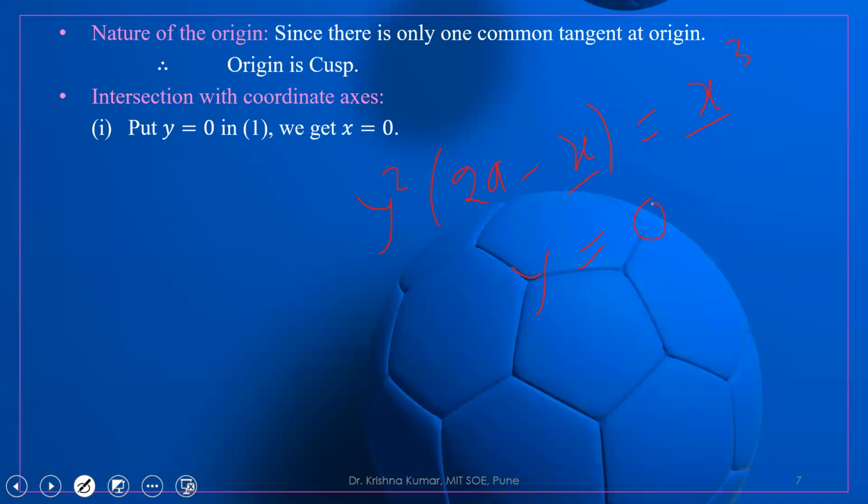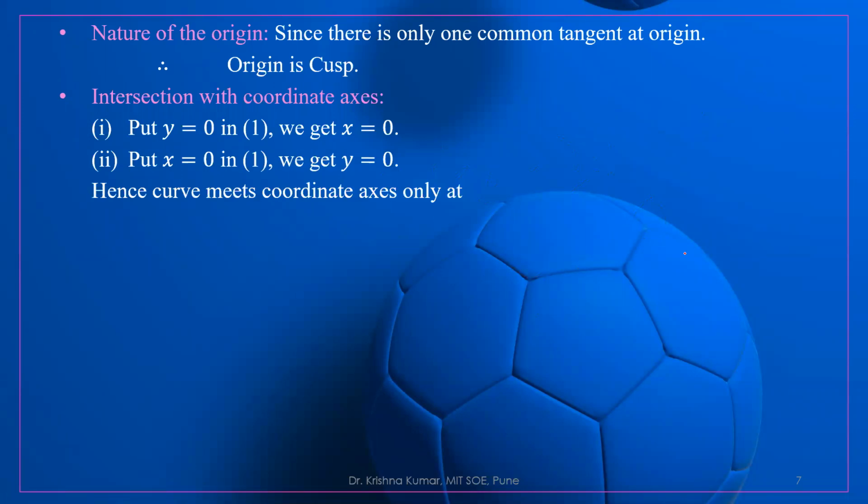If you put y equal to 0, then the total term is 0 and x equal to 0. So put y equal to 0 in 1, we get x equal to 0. Similarly, put x equal to 0 in 1, we get y equal to 0. So in both the cases, we are getting 0, 0. Hence the curve meets the coordinate axes only at origin. Okay, so this is the second point.